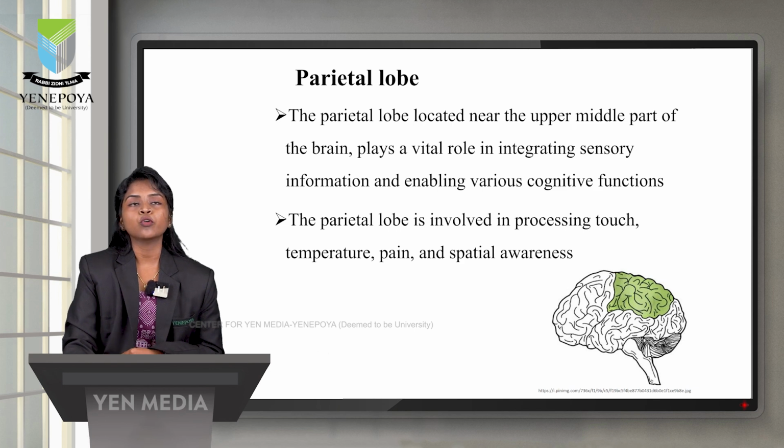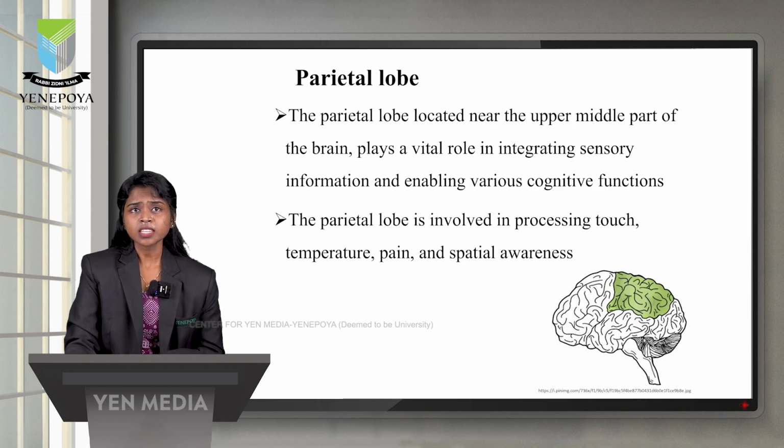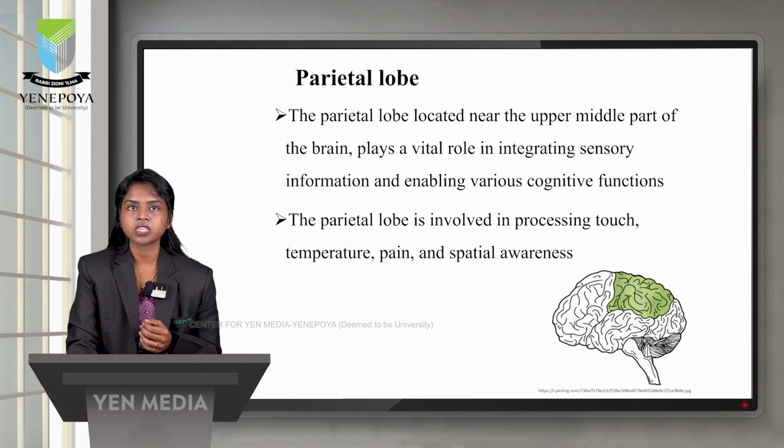So next we move on to the parietal lobe. The parietal lobe is located near the upper middle part of the brain and plays a vital role in integrating sensory information and enabling various cognitive functions, which involve processing of touch, temperature, pain and spatial awareness.